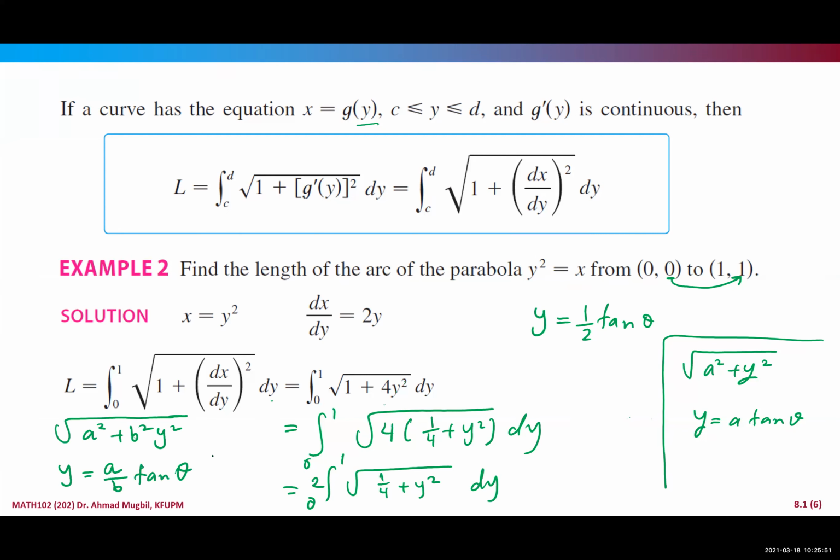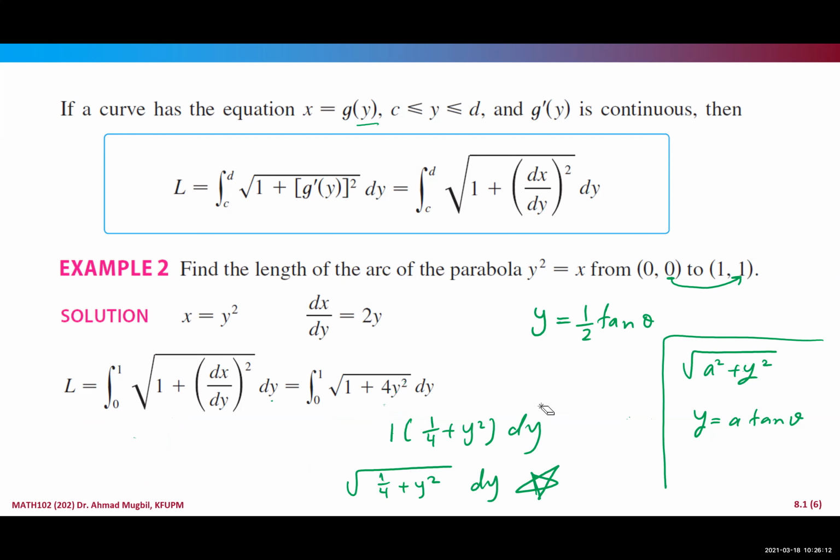You can generalize about this also. You can do the same for sine and for secant, for the other trigonometric substitutions. So this is what we did. It is 1 over 4. But this one is safer, of course, if you don't recall how to do that. No problem, just make the coefficient equal to 1. Okay, great. So this is my substitution, y equals a half tan theta.